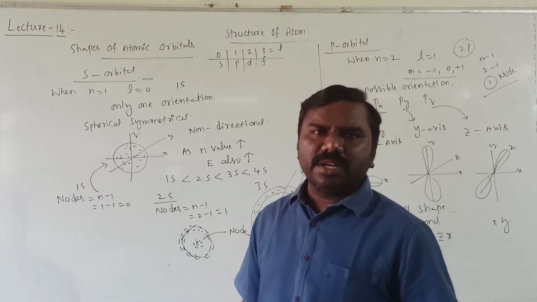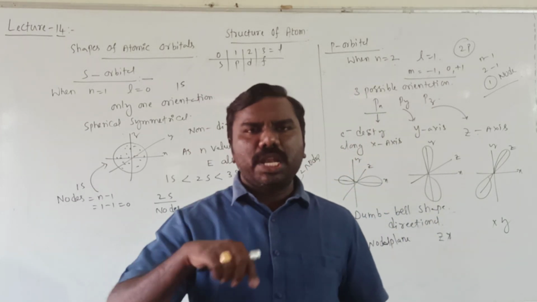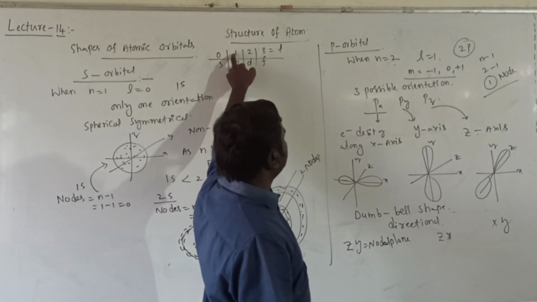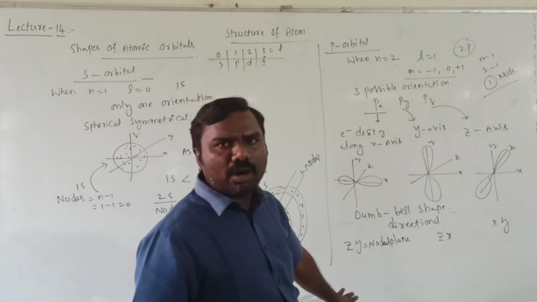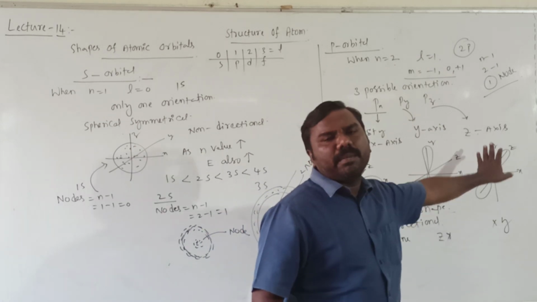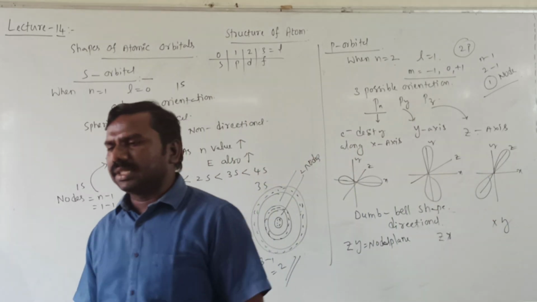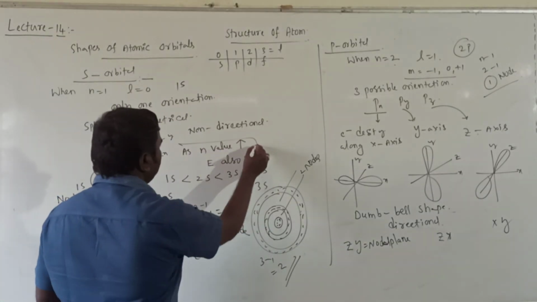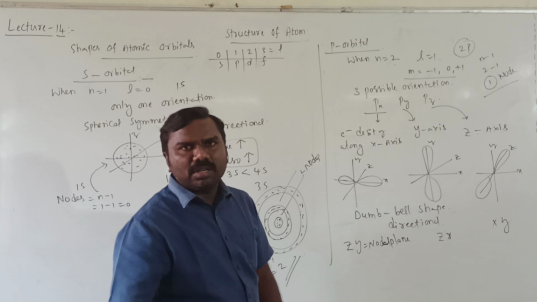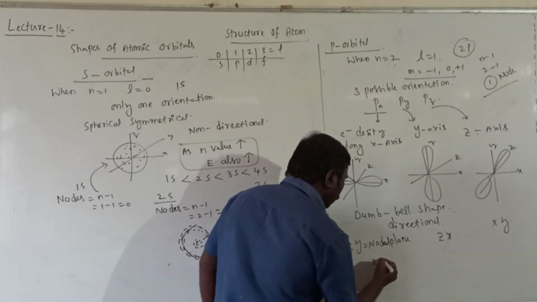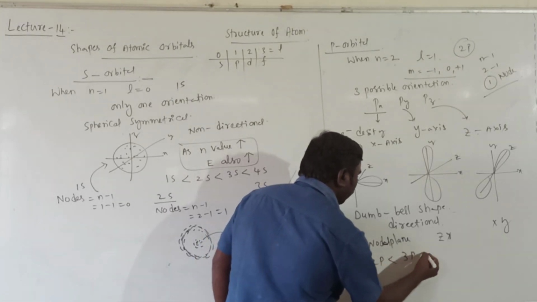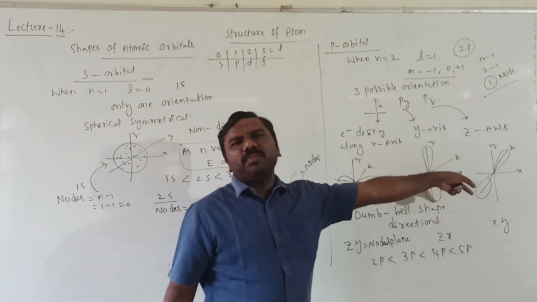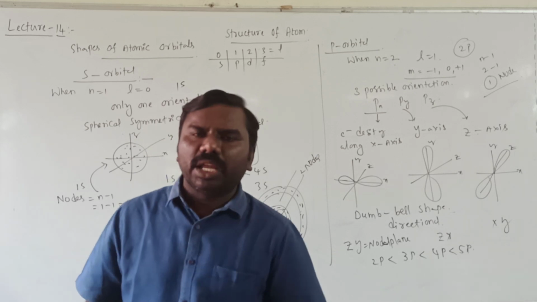Number of nodal planes is equal to L value. L value for p orbital is 1, so px 1 nodal plane, py 1 nodal plane, pz 1 nodal plane. Now n value increases. As n value increases, energy also increases. That's why 5p has more energy than 2p, right?